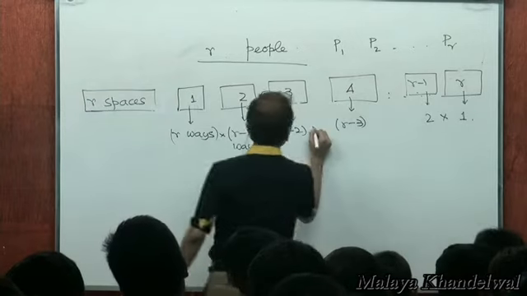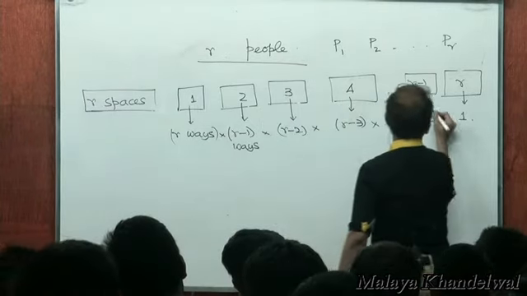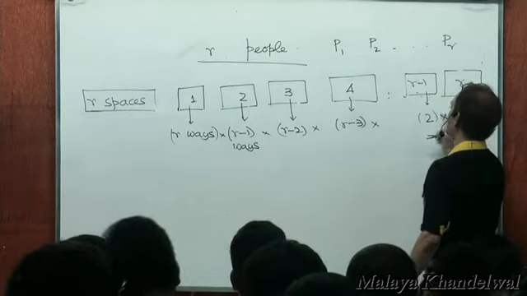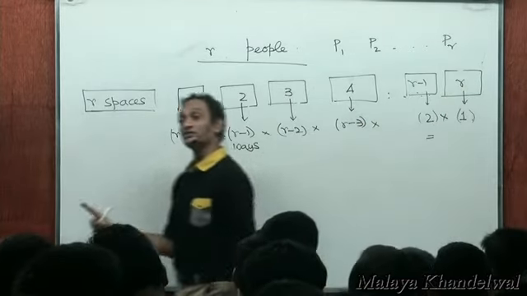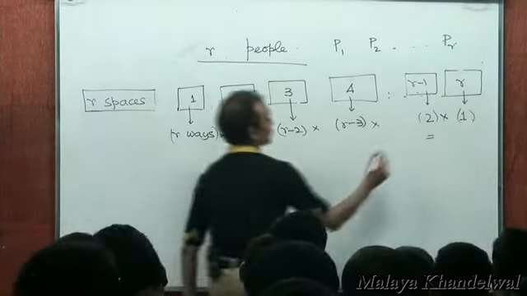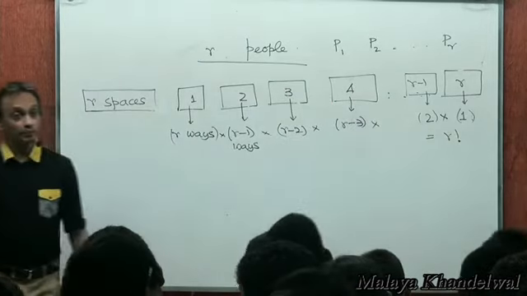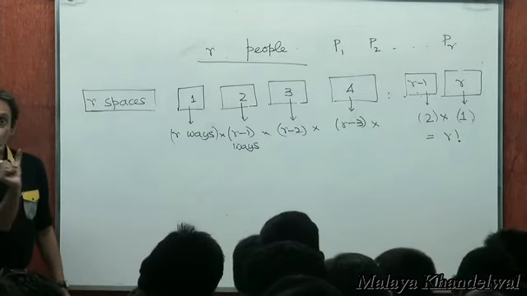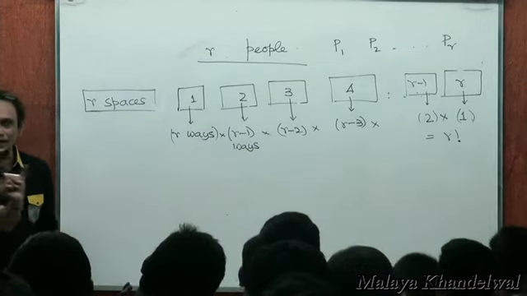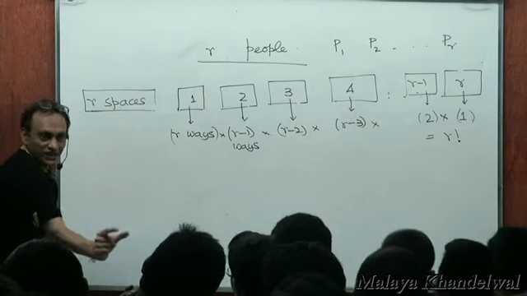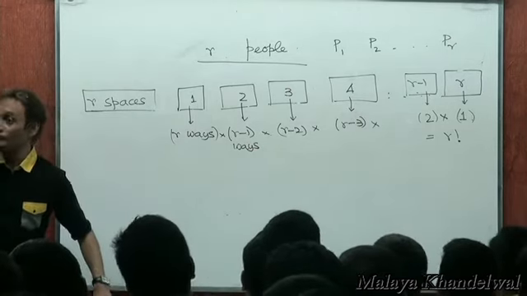Right? So that makes it 1 into 2 into 3 up to R. That makes it R factorial. So if there are R people to be arranged in order, in R spaces, then that could be done in R factorial ways.